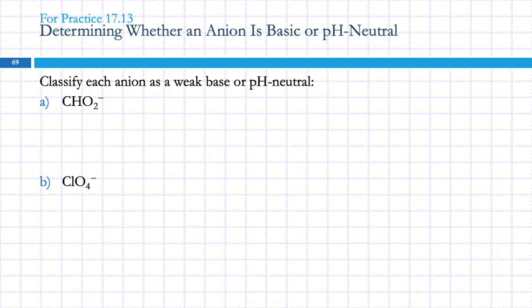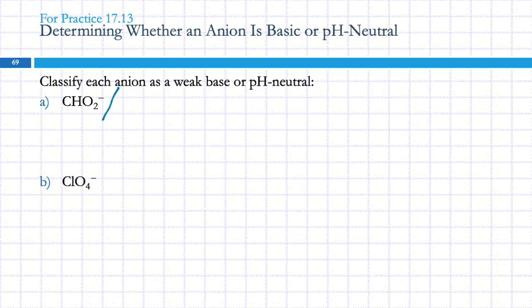Okay, classify each anion as a weak base or pH neutral. We can always write an equation for an anion acting as a base. That involves adding a hydrogen ion. So we can write out the whole equation, or we could just write the conjugate acid. Right? So what's the conjugate acid of CHO2 minus?